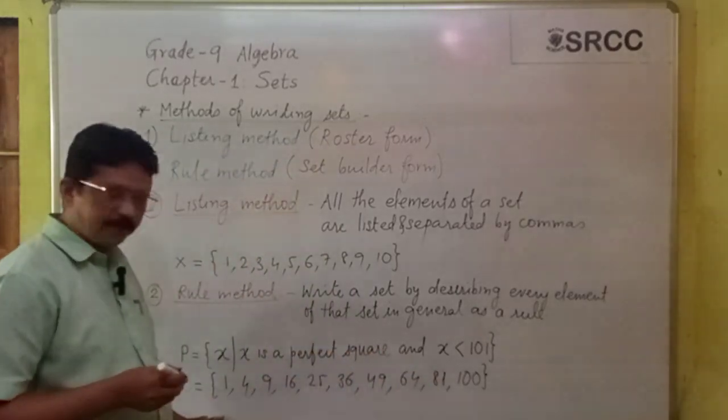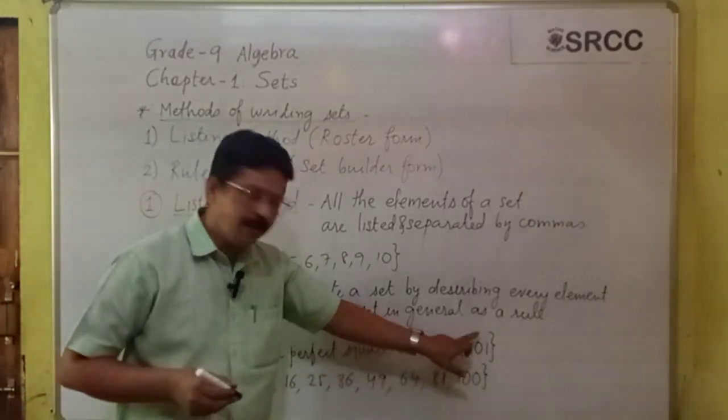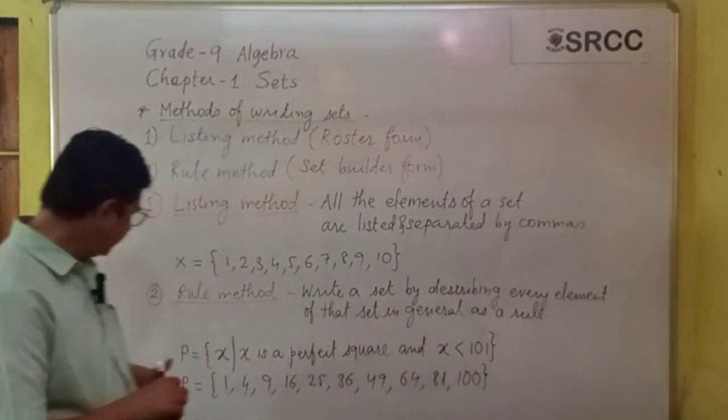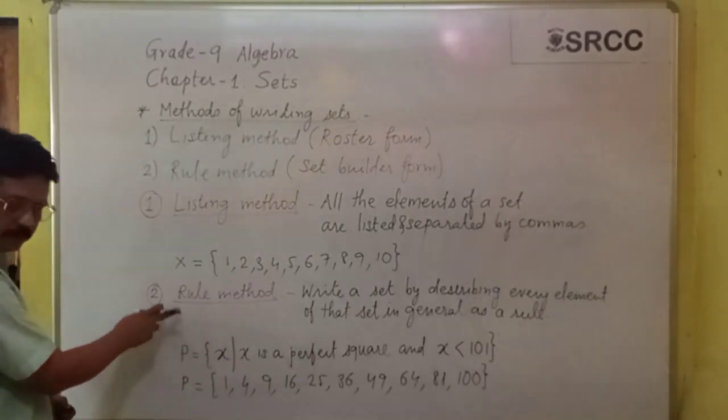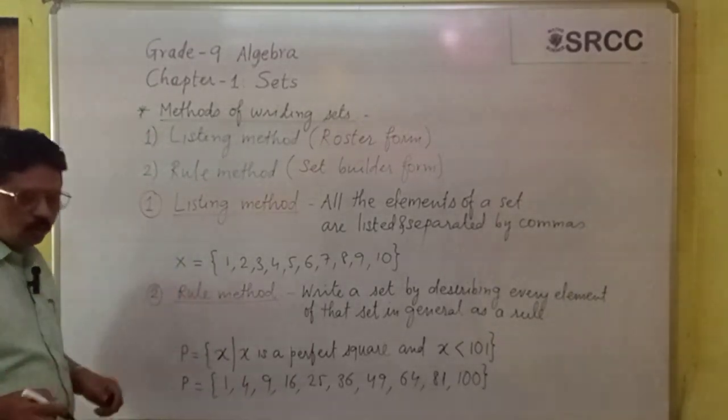They are all perfect squares and they are all less than 101. So in this way, we write a set by using the rule method.